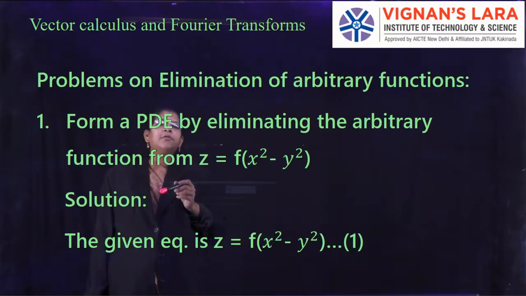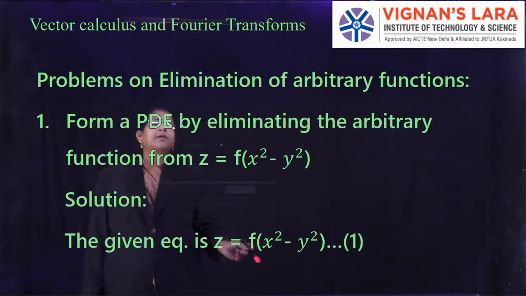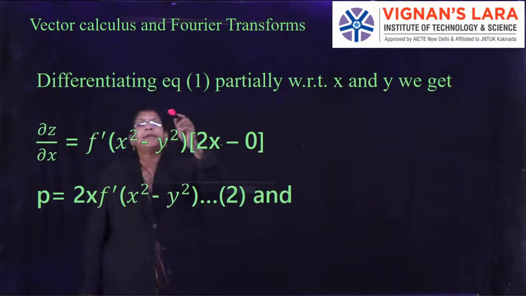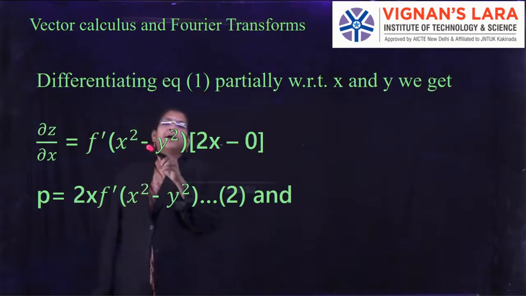Okay, solution. What is the given equation? z equal to f of x² minus y². Take this as equation number 1. Now we will differentiate equation 1 partially with respect to x first.